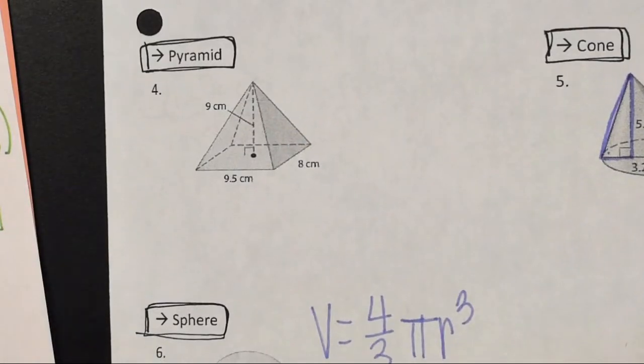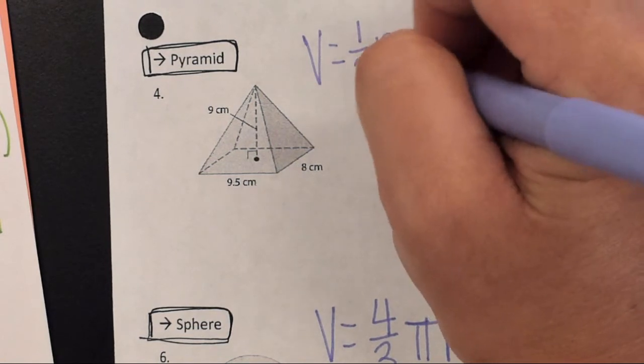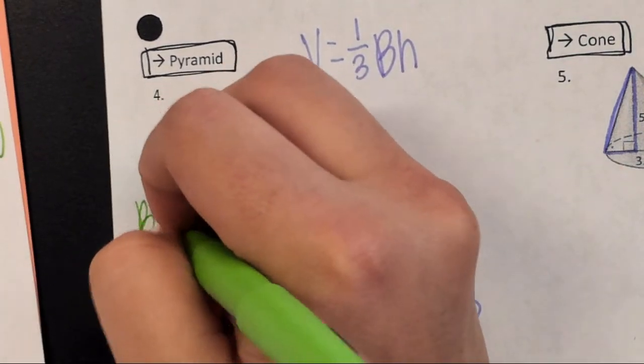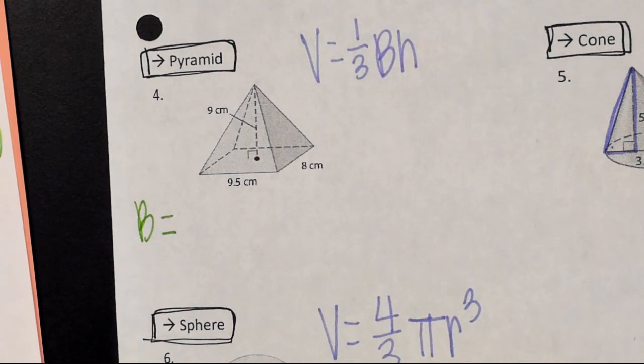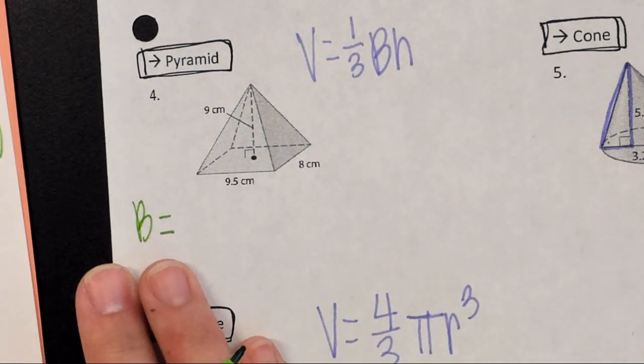Okay, let's go to pyramid. So the formula is, this is the first one where we have to find big B. All right, so what's the base of this pyramid? What shape? A rectangle, right? Okay, I go over to my own little space and find big B because it's a whole other situation.